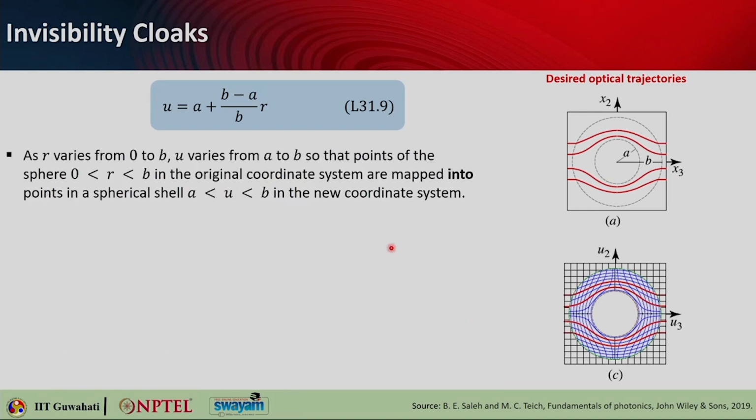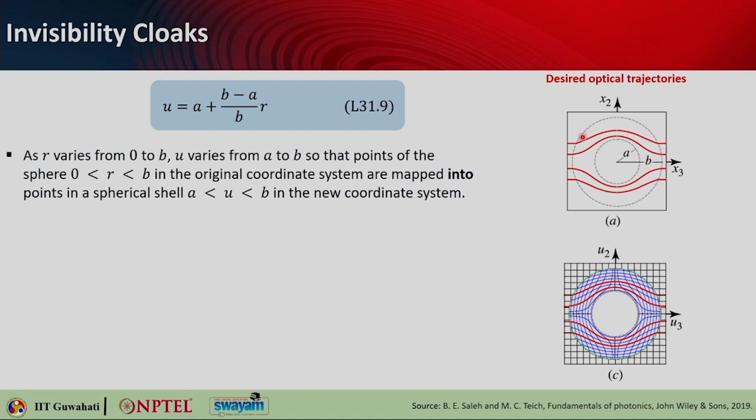So this is the transformation that allows you to do that, and when r varies to b, you can see that as r varies from 0 to b, u will vary from a to b. So the entire thing from 0 to b is the entire space. So the entire space in the real coordinate system is now mapped onto the new coordinate system which has u, and in that case everything falls within a to b.